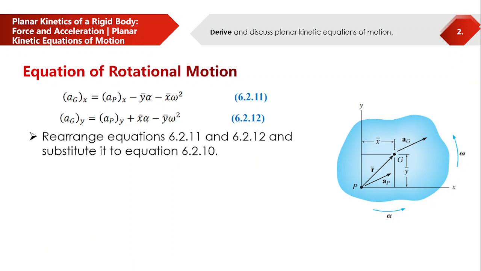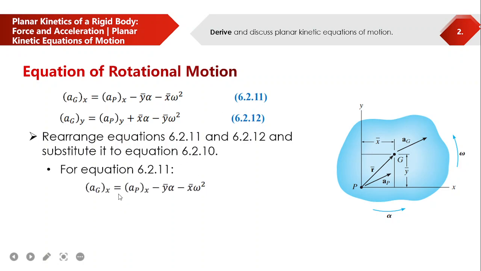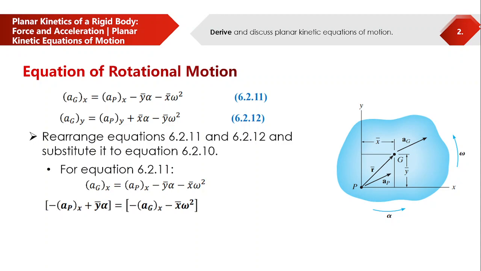Okay? So rearrange equations 6.2.11 and 6.2.12 and substitute them into equation 6.2.10. So for equation 6.2.11, that will be equal to negative a sub p sub x plus y bar times angular acceleration is equal to negative a sub g sub x minus x bar times angular velocity squared.